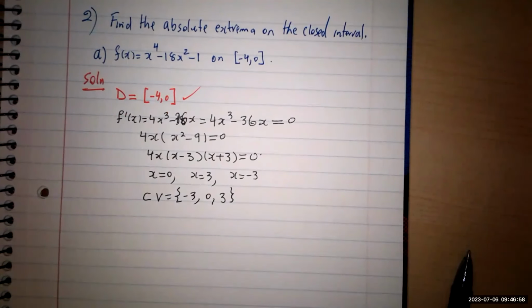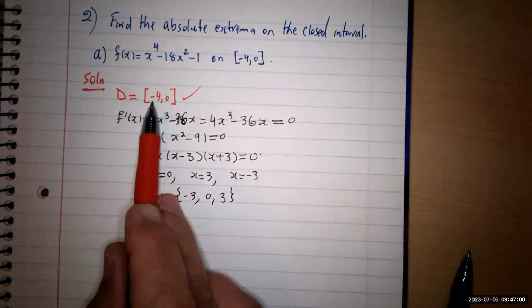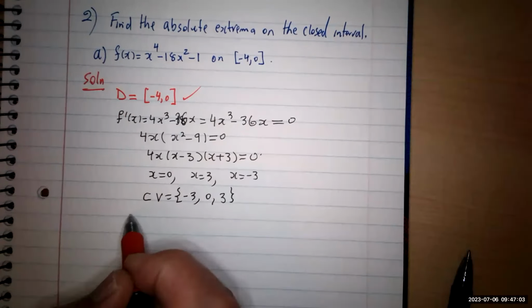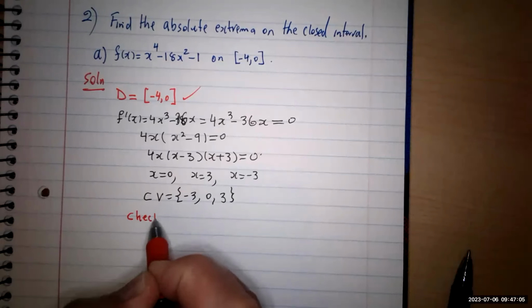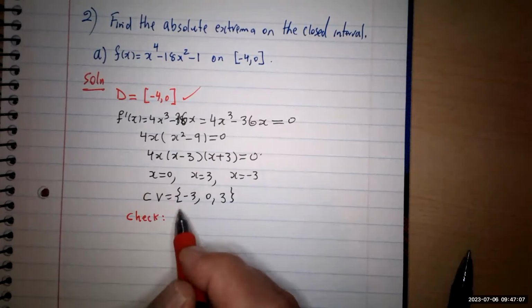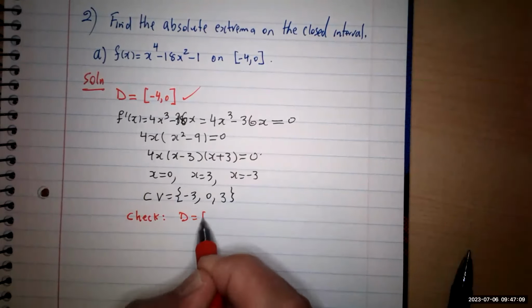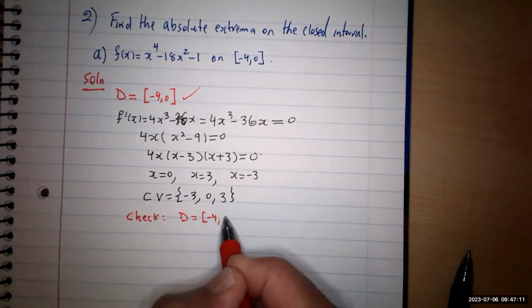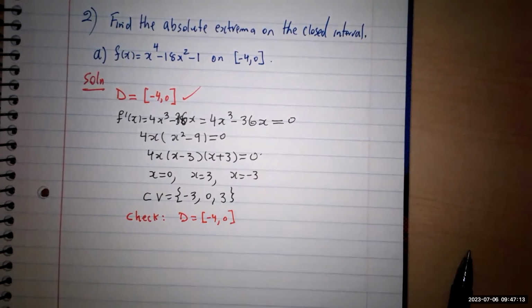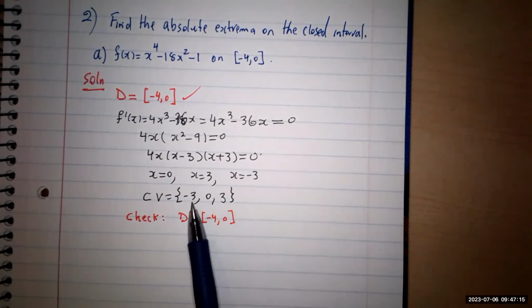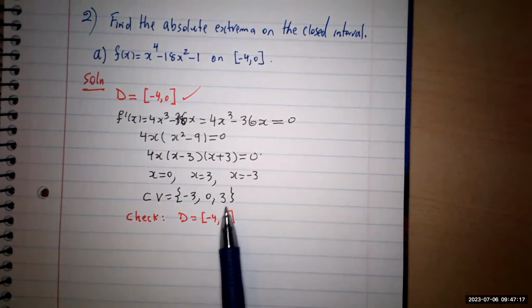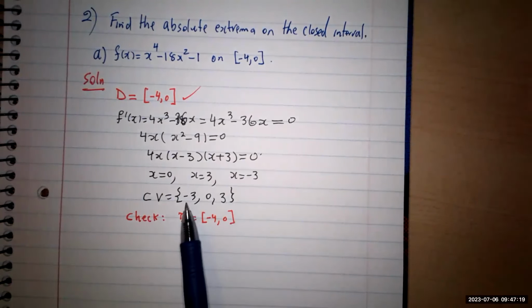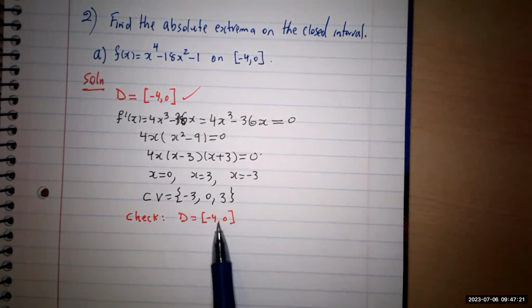So you make sure that these numbers are inside the domain. The domain is -4 and 0, and you check to make sure the numbers are inside. -3 is inside, 0 is inside, but 3 is not.